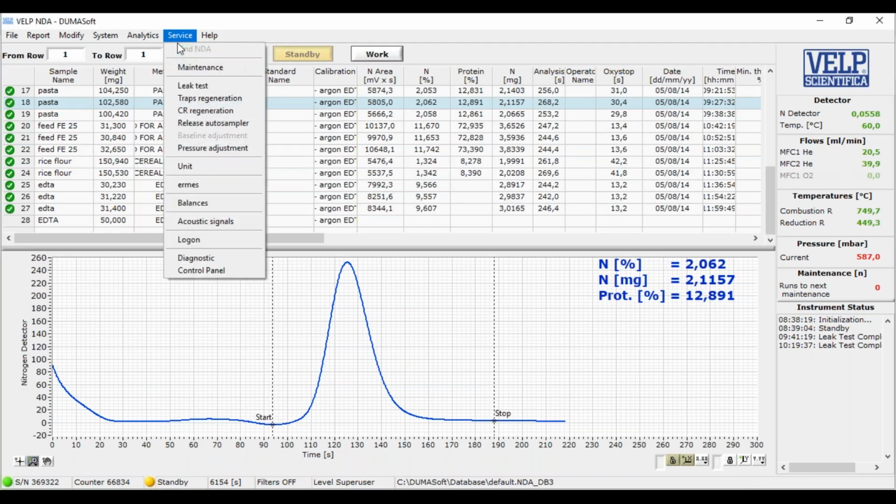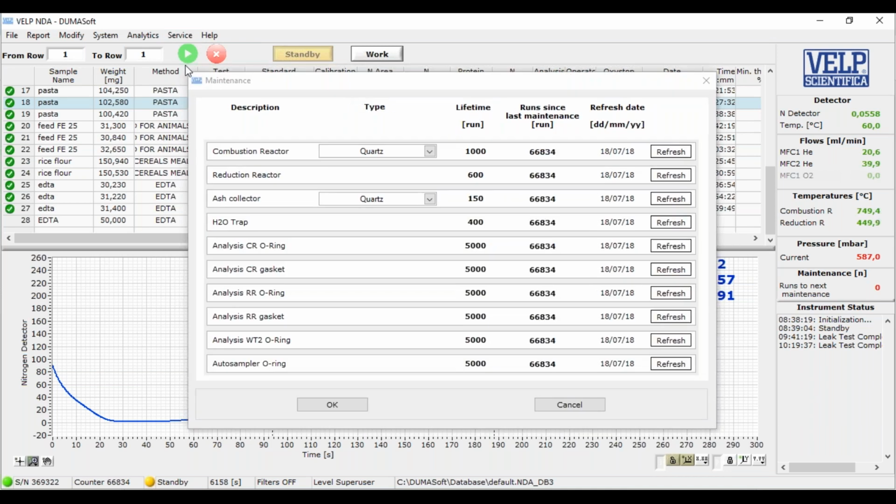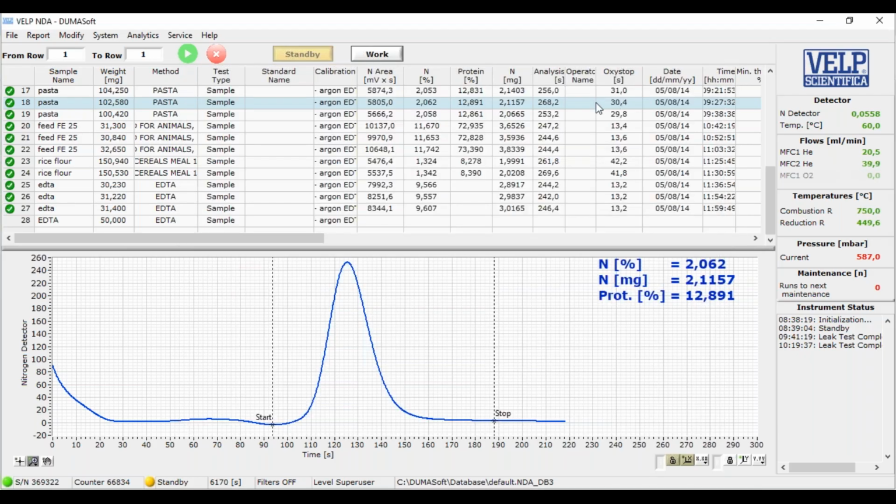Okay, so in the service menu, under the voice maintenance, you can see the list of all the consumables of the NDA, their lifetime, and the runs since the last maintenance.